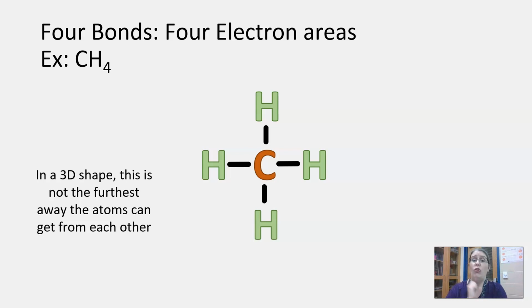When I get into 4 bonds, this is where Lewis structures stop being quite as useful for my shapes. You still really do need to start with a Lewis structure because you need to know how many bonds and how many lone pairs you have, and that's the job of a Lewis dot structure. But this Lewis dot structure looks like it should have a 90-degree angle.